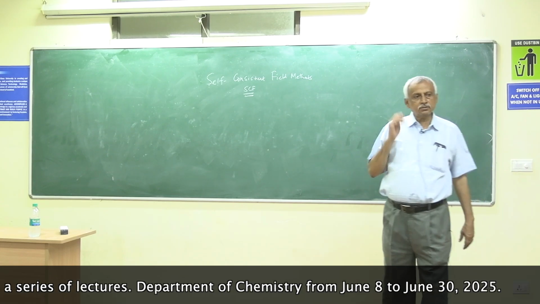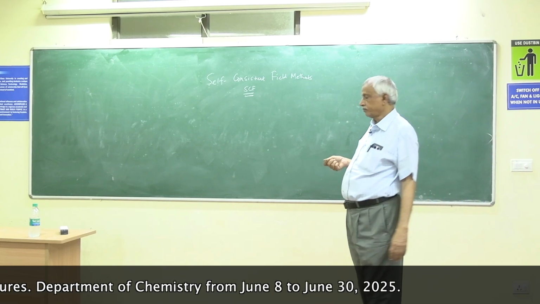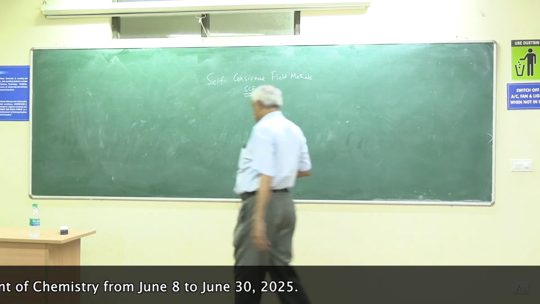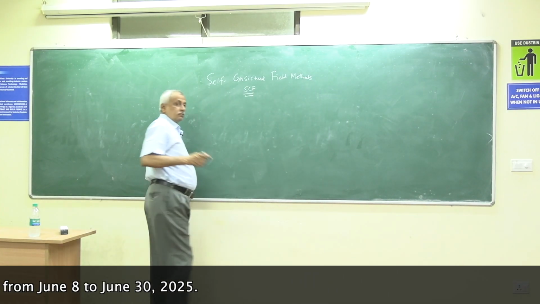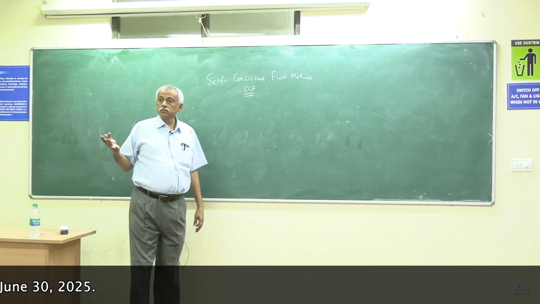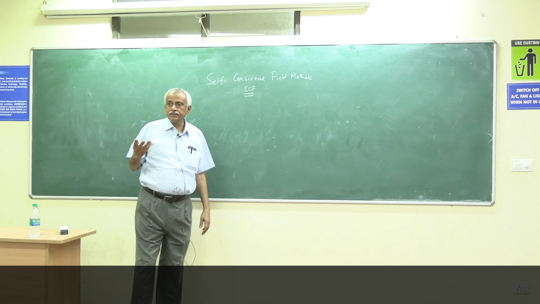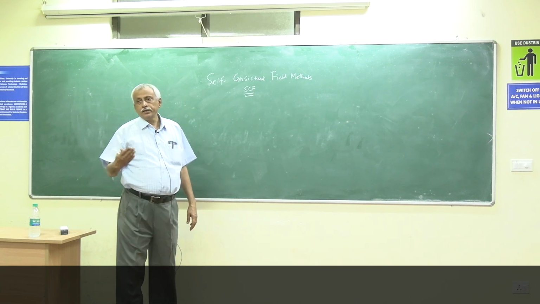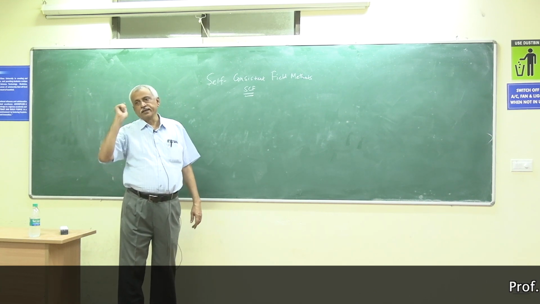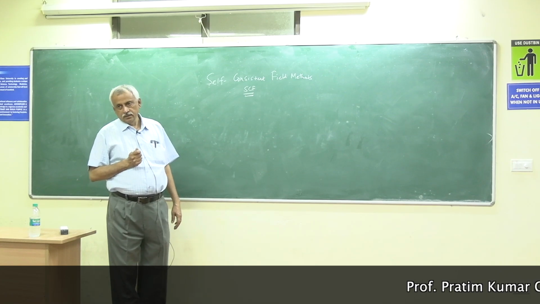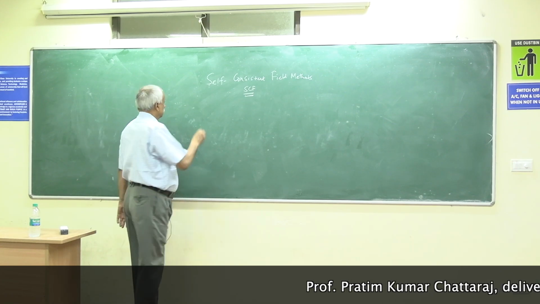So this is your self-consistent field method. What is your main aim here? You are trying to incorporate electron-electron repulsion into the orbital picture.